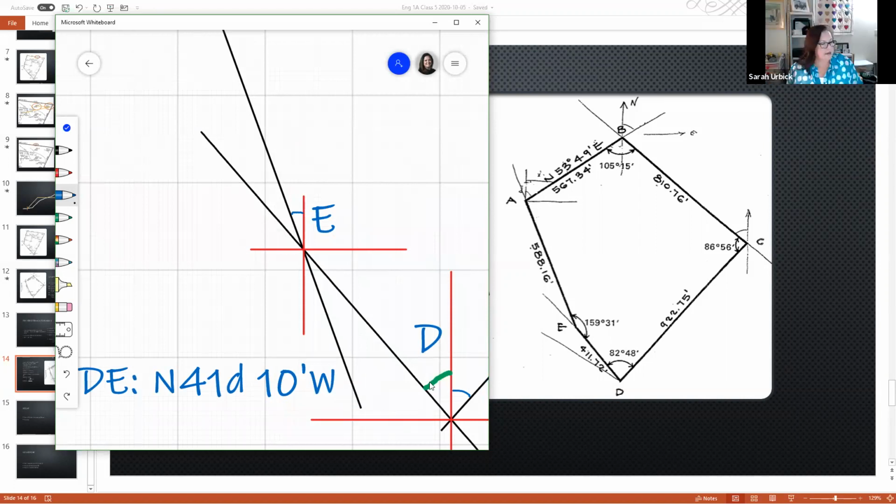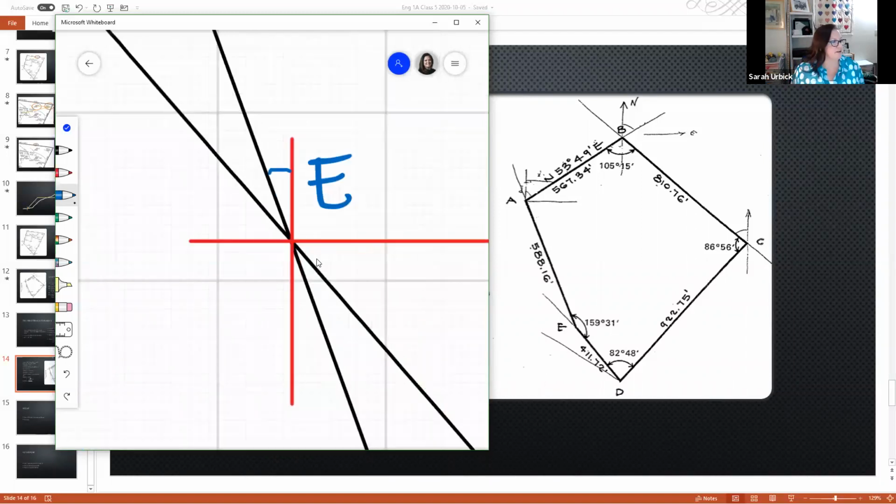This green angle here, this is where things got a little bit confusing for me. So I had to draw this one out separately. Most of these I was able to navigate my way around and figure them out. This one got its own little diagram.